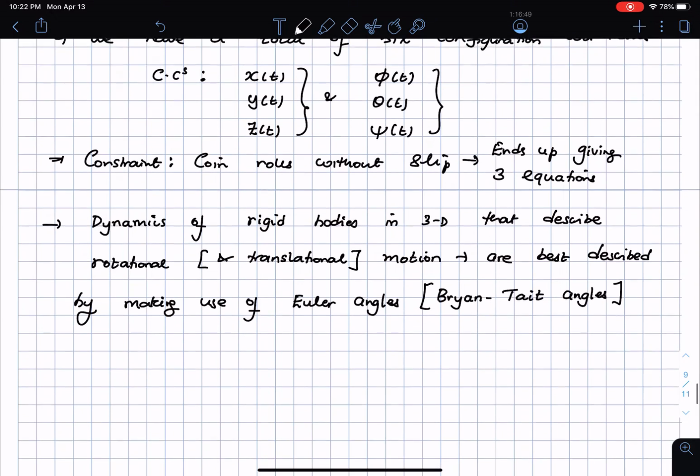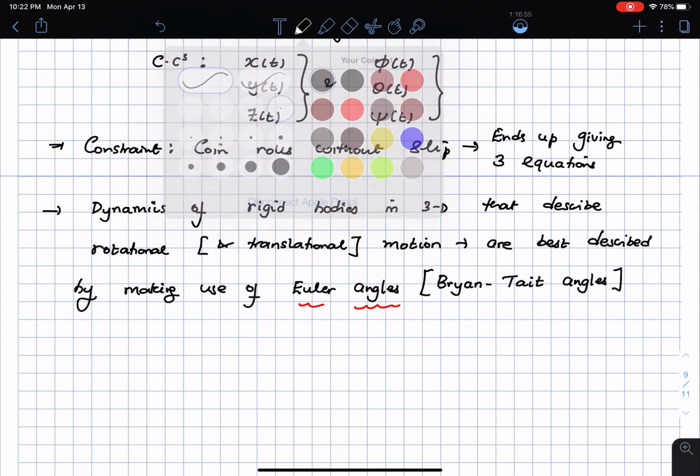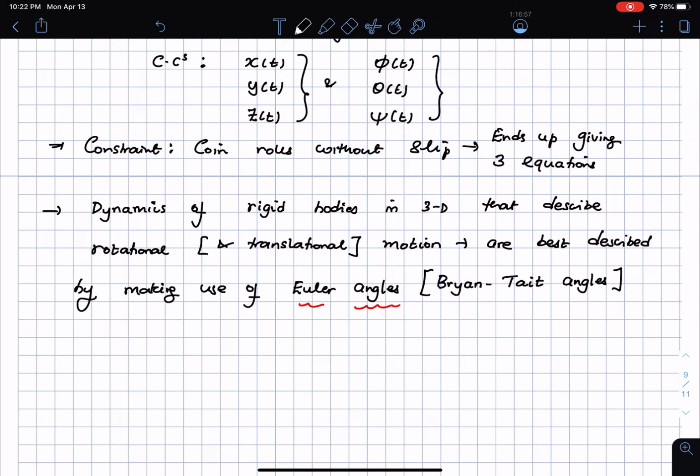Okay, by making use of Euler angles, and here is the basic idea. In the Euler angles we consider 3 rotations of the rigid body from a reference configuration, by giving it incremental rotational rates about certain axes, and this enables us to best represent the motion of that body.